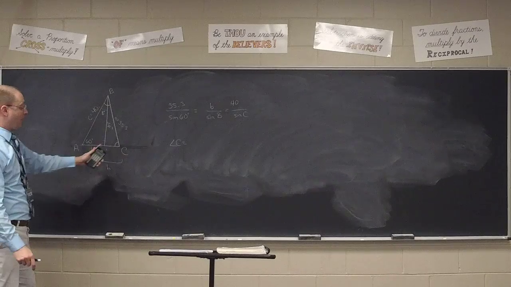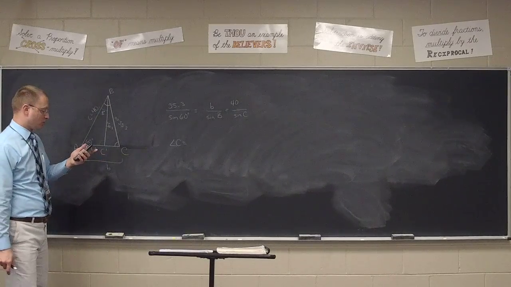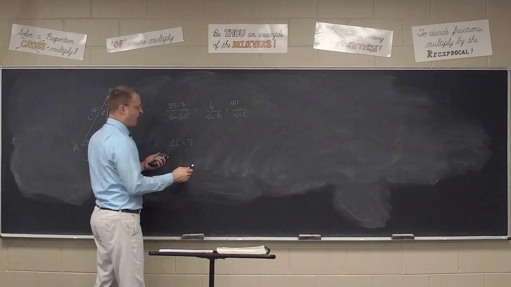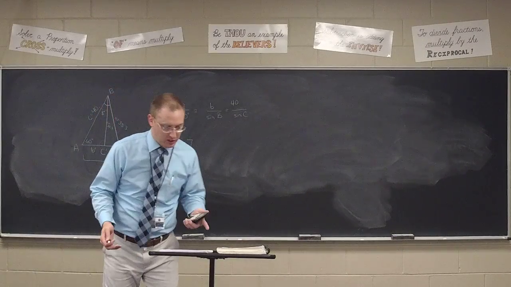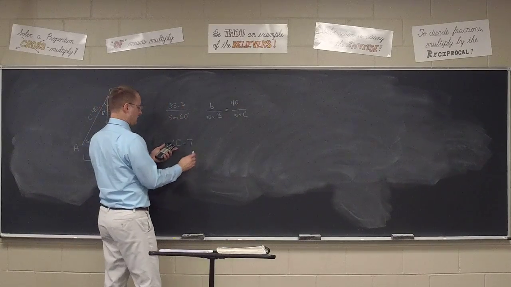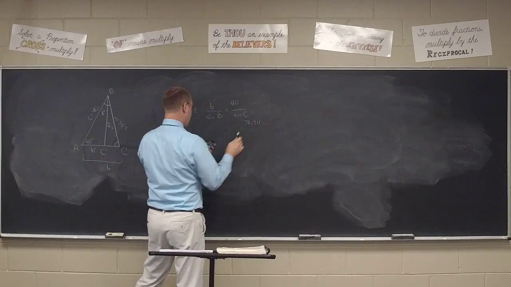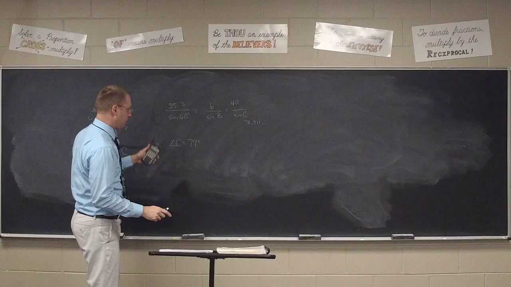That's a pretty steep angle as I've got drawn here, right? It comes out to 78.9. Since I always do at least 2 sig figs, and they only gave me 1 sig fig on angle A, but we always do at least 2 in this class, we'll say 79 degrees, 78.911. So we'll store that in the memory.